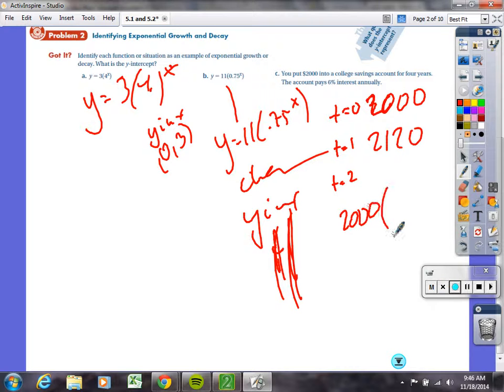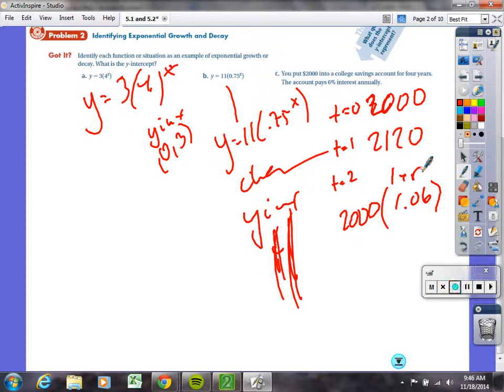Parenthesis 1.06. Now, why? Let's talk about the difference here. Why would we want 1.06? Well, what's happening here is that it's a growth. You're growing money. So doesn't this have to be greater than 1? You take your interest rate and you take 1 and add your interest rate.